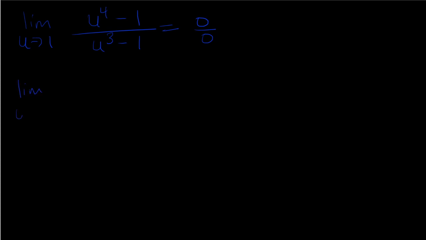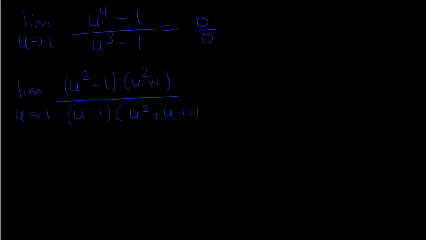The top is a difference of two squares, so I can say it's u squared minus 1 times u squared plus 1. And the bottom is going to factor into u minus 1 and u squared plus u plus 1.